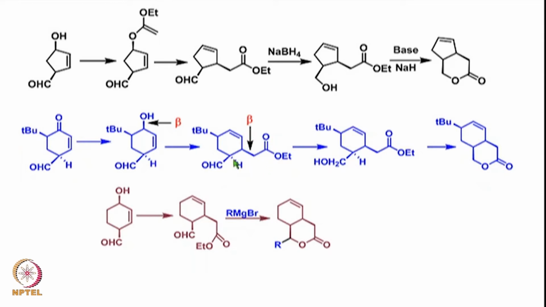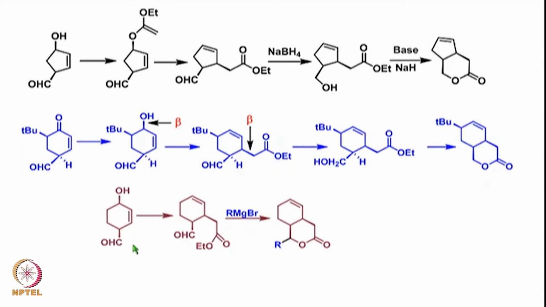Again, one can see that the carbon-hydroxy stereochemistry here was beta oriented, and the same one is now here. This carbon-carbon bond is also beta oriented. Once again, we can reduce the aldehyde to the corresponding alcohol and then allow the lactonization to take place in a similar fashion as we did here to form a bicyclic lactone molecule like this.